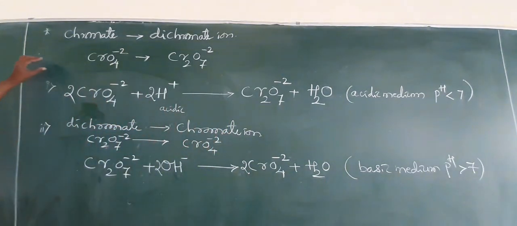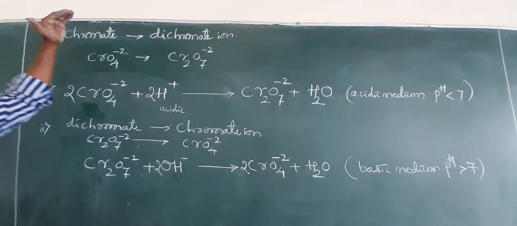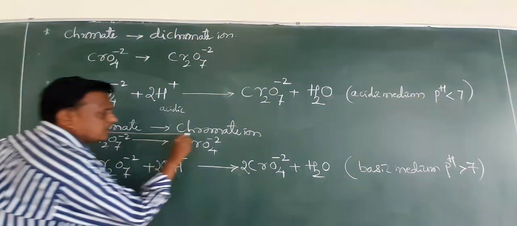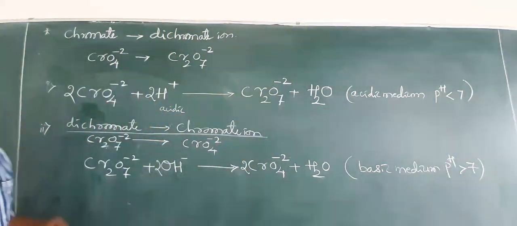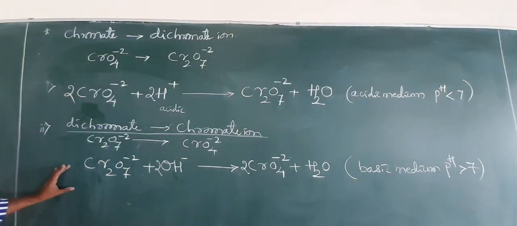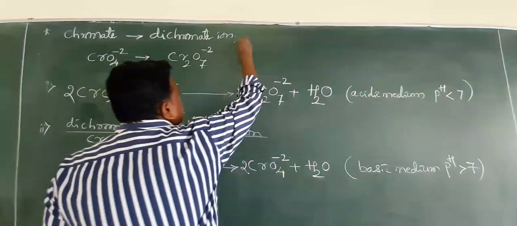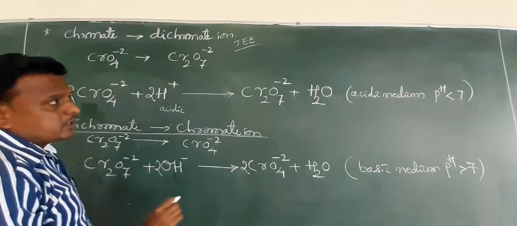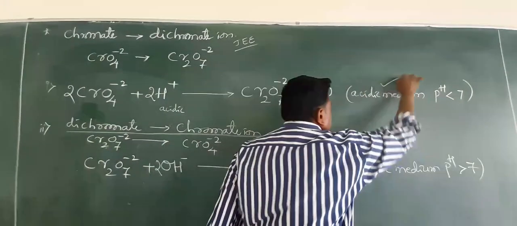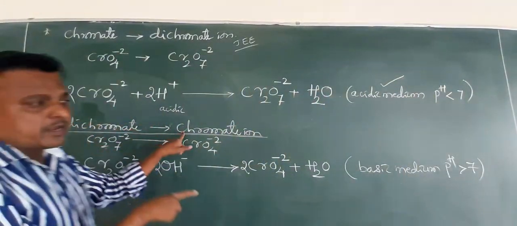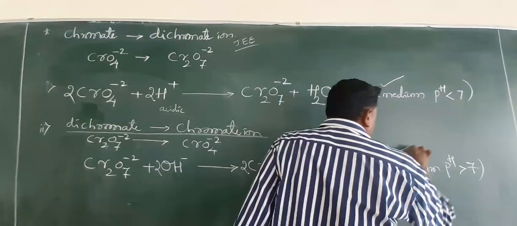So it's a very simple conversion of chromate to dichromate ions, or dichromate to chromate ions, in acidic and basic medium. It's a very simple JEE question. The conversion of chromate to dichromate is in acidic medium, and the conversion of dichromate to chromate is in basic medium.